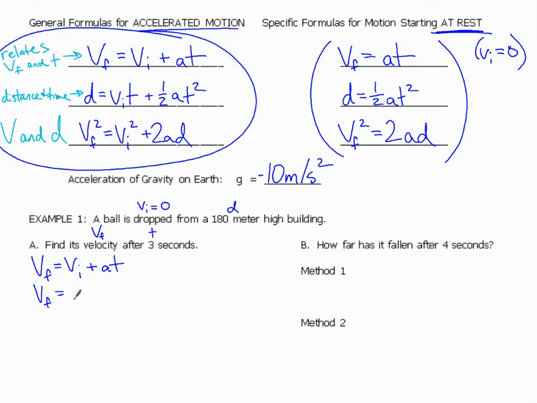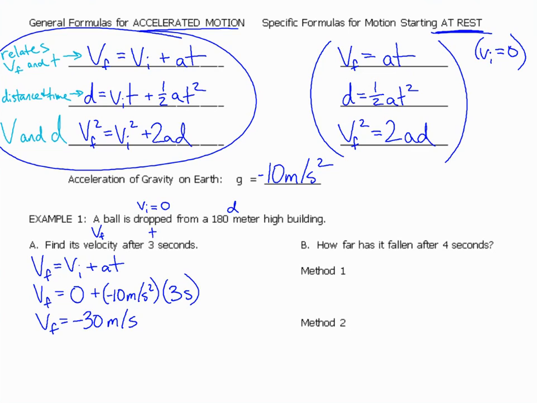Final velocity equals 0 plus the acceleration, which is a falling object. The acceleration is gravity, negative 10 meters per second squared, times the time, which is 3 seconds. And so the final velocity here is negative 30 meters per second.